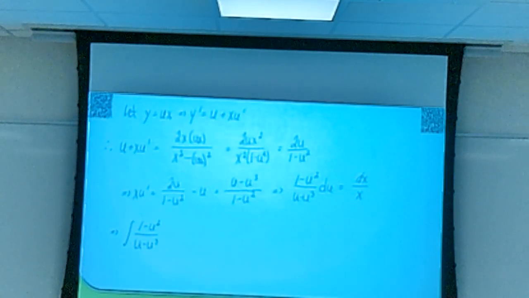Is it plus u cubed? Should be plus, yeah. That makes that integral more interesting.